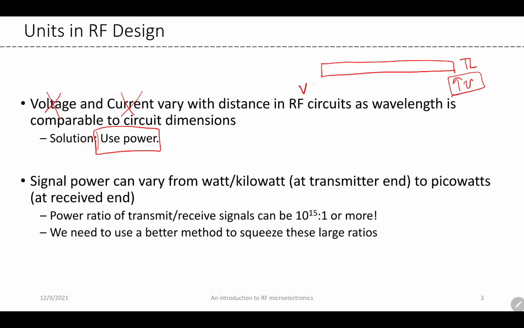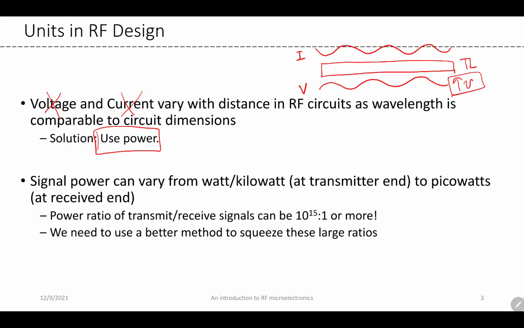If you look at the voltage or the current, you'll see that the voltage is not fixed, right? And the current is also not fixed. Unlike in analog systems where we talk about voltages or currents as a number, because at low frequencies you can assume that the wavelength is so large that over a piece of metal the value does not change, at high frequencies the value keeps on changing throughout that piece of metal.